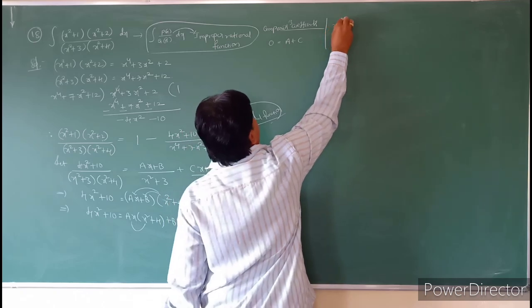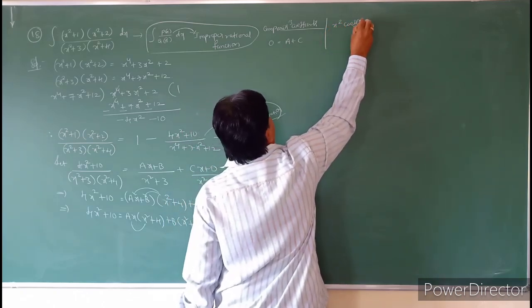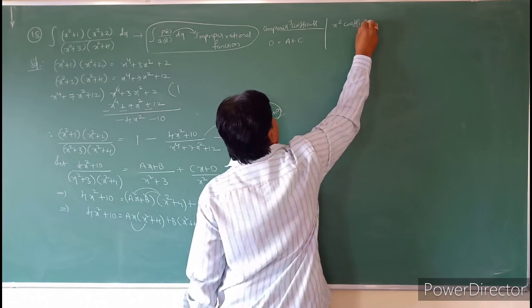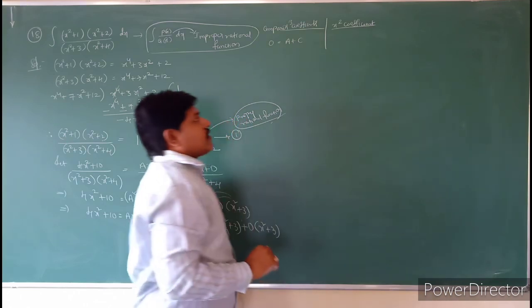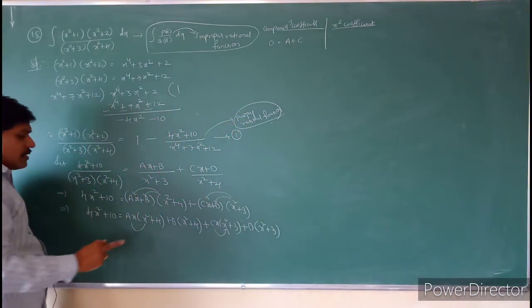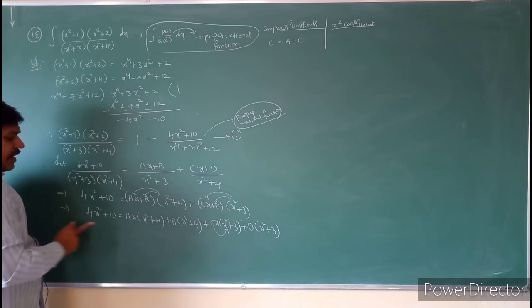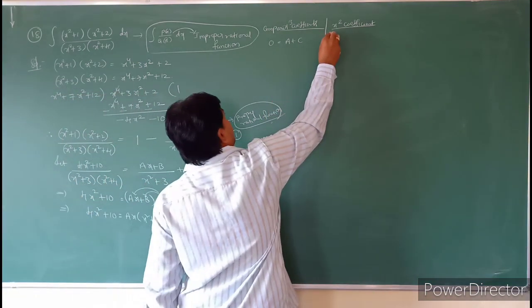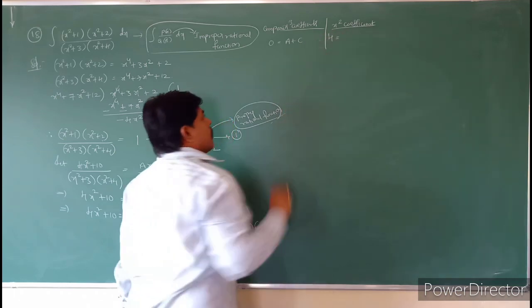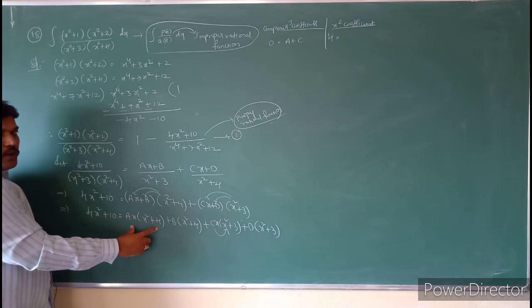x square coefficients. I am taking the x square coefficients. So where are the x square coefficients? See that. In the LHS side, the x square coefficient is 4. So that is equal to, in the RHS side, here there is no x square coefficient.